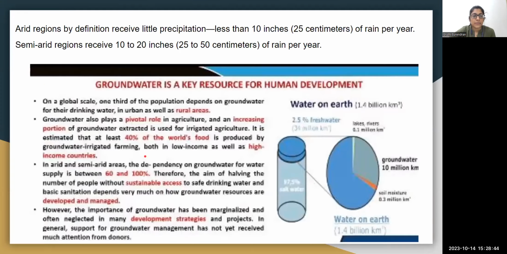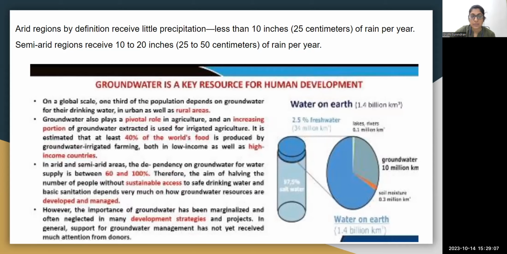Okay. So arid regions, by definition, are the regions which receive very little rainfall, say around 25 centimeters approximately. And semi-arid areas get a little more rainfall, something ranging from 25 to 50 centimeters of rain per year.